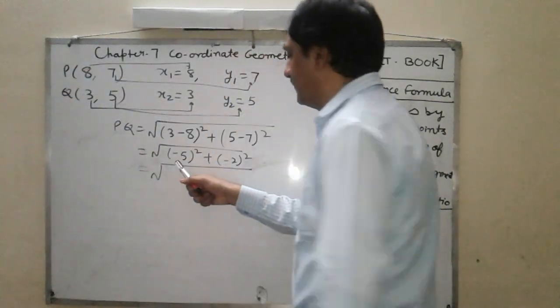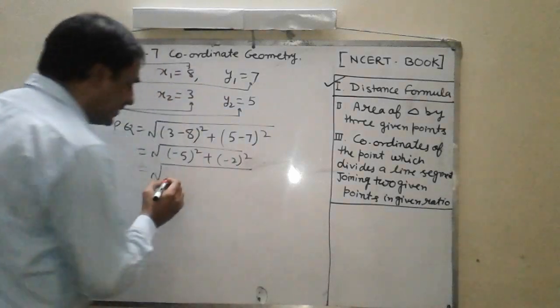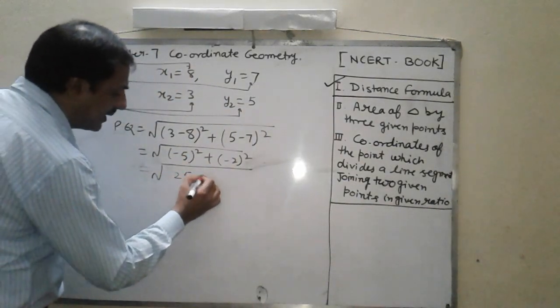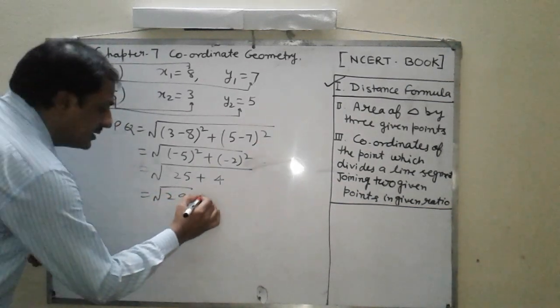Square of minus 5 is equal to 25 and square of minus 2 is equal to 4. 25 plus 4 is equal to under root 29 units.